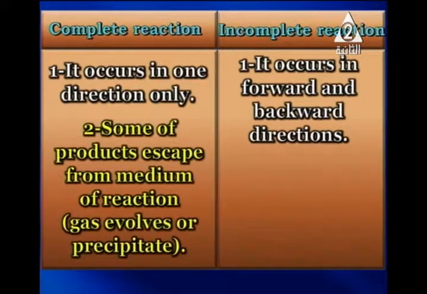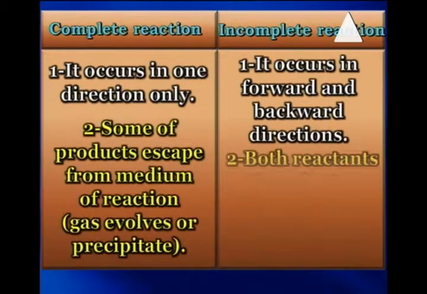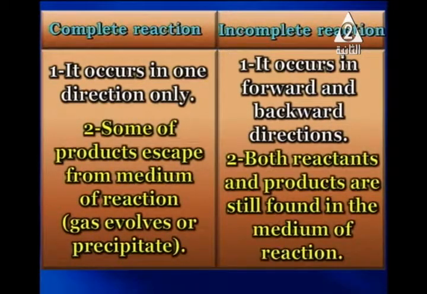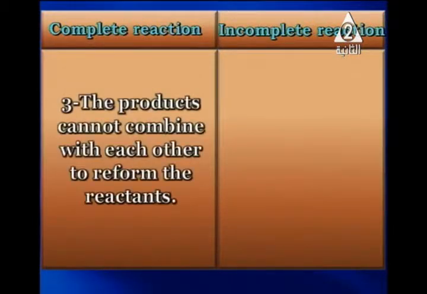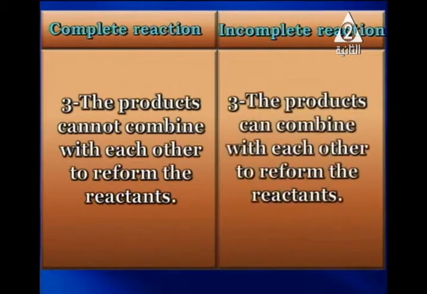In complete reactions, some of the products escape from the medium of the reaction in form of gas or precipitate, while in the incomplete reactions, the reactants and the products are still found in the medium of the reaction. And in the complete reaction, the products cannot combine with each other to reform reactants, while in the incomplete reactions, the products can combine with each other to reform reactants again.